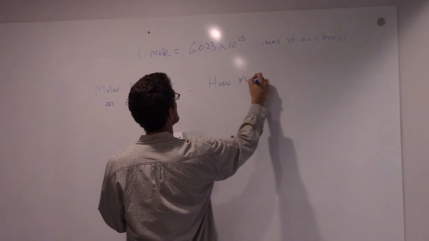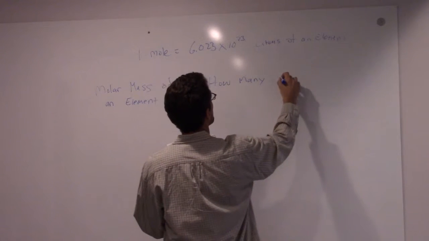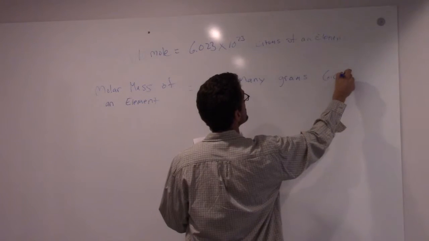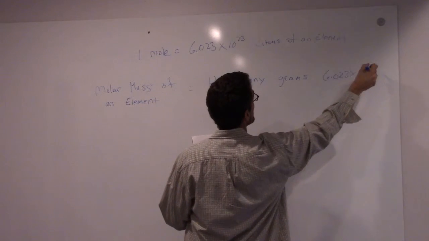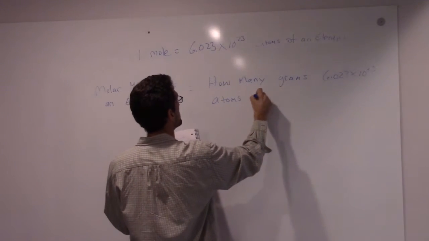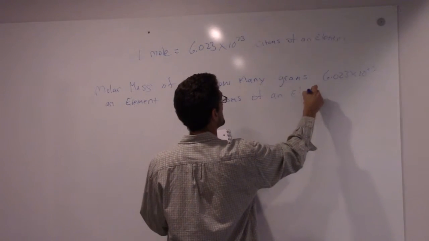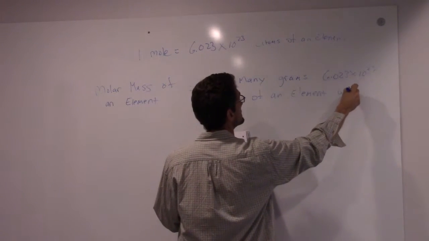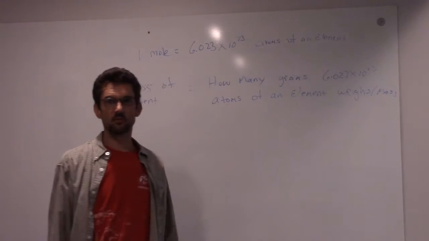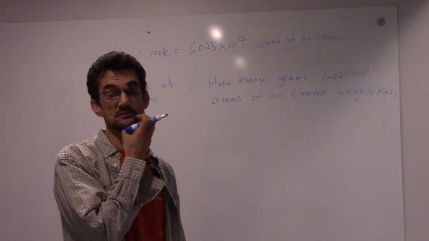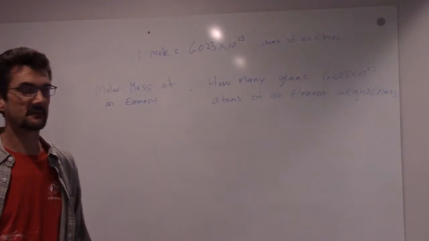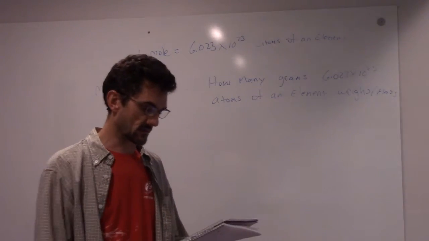How many grams do 6.023 times 10 to the 23rd atoms of an element weigh, or the mass? You hate to say weight. Weight's not the same thing as mass. We'll say mass, but most everybody refers to it as atomic weight. So we'll just go with weight.